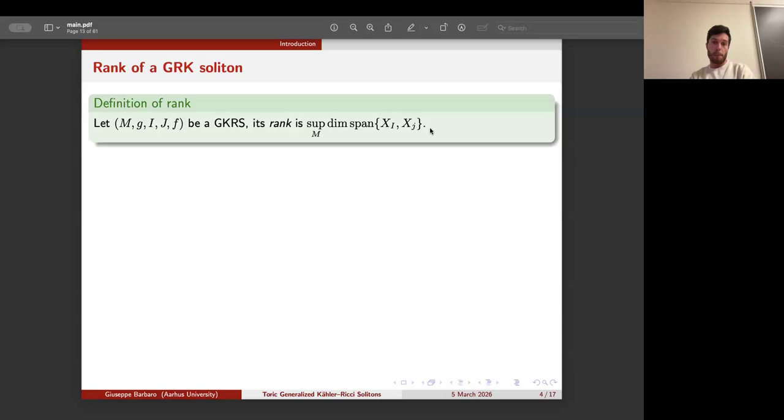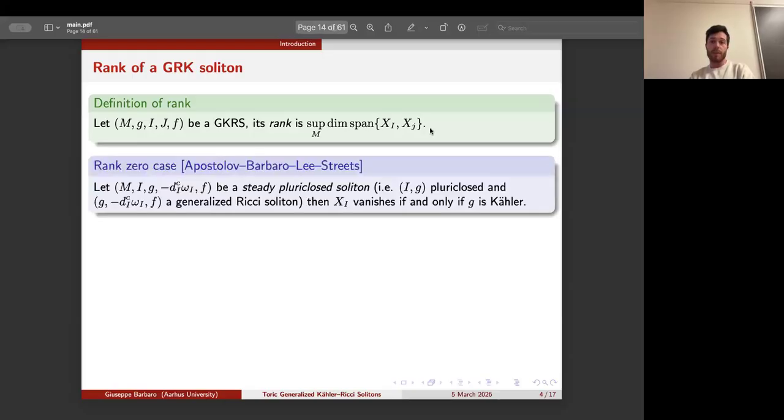So these are the general cases, which actually are already classified. In particular, if the rank is 0, it means that the two vector fields are vanishing, then we have a hyperkähler structure. This is a result from another work with Besti, Lee, and Jeffrey. So in this case, what do we prove? Suppose you have a steady pluriclose soliton, which is half of a generalized Kähler-Ricci soliton, right?